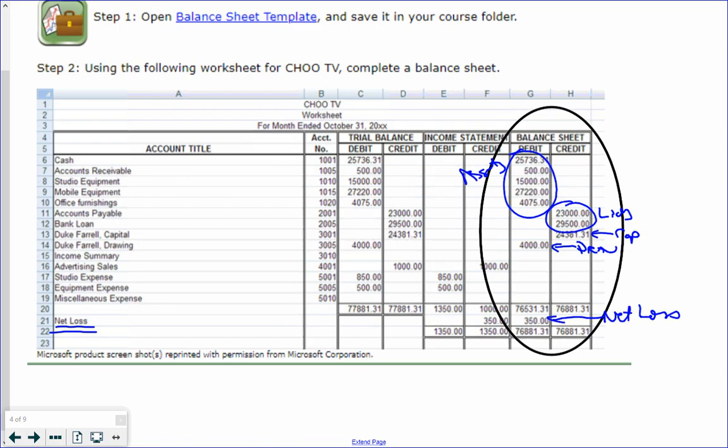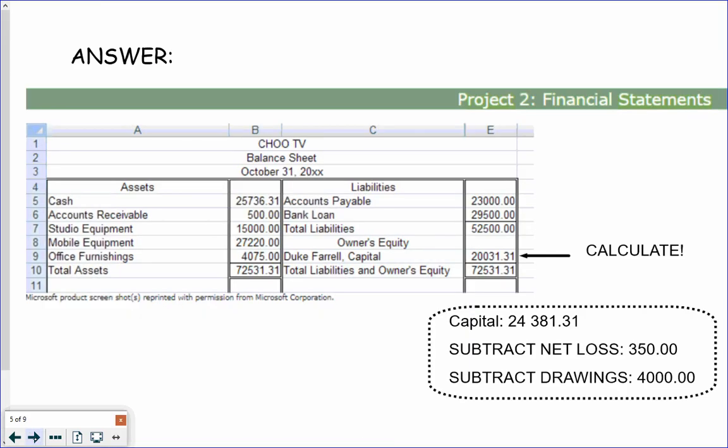So option number one, put your assets into the asset column. Put your liabilities into the liabilities column. So option number one, you could just go 72,531 minus 52,500. That's how you get this number right here. That's option number one.